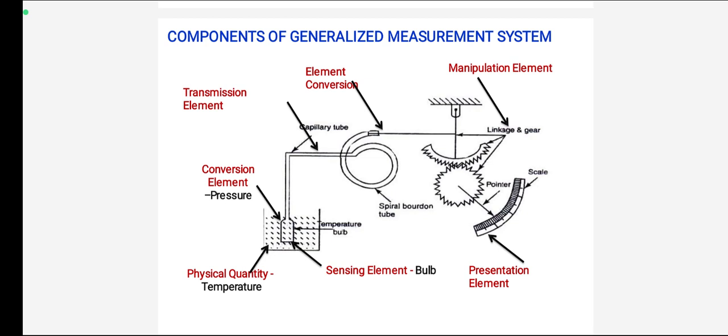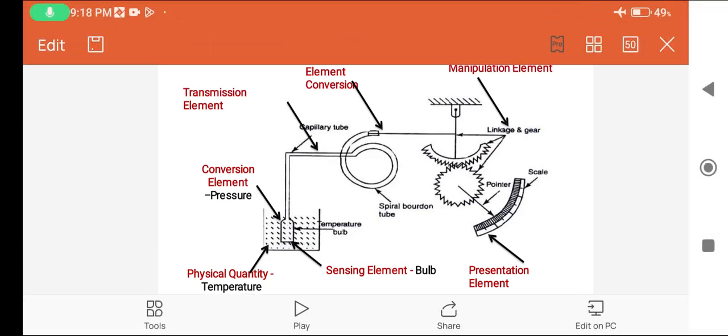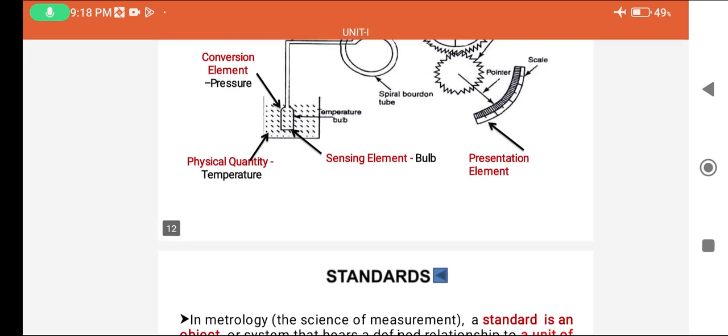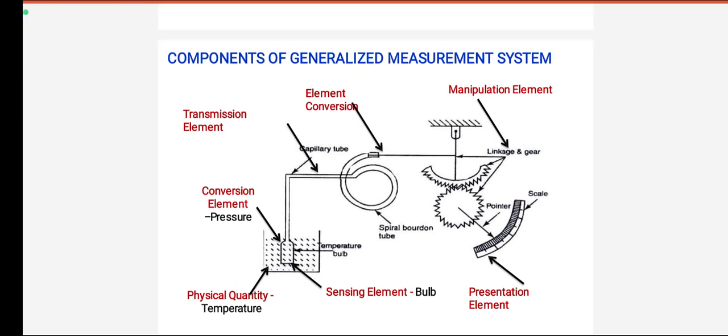This diagram explains how the temperature of water is measured. In this measurement system, the physical quantity is the water, and the temperature bulb is dipped in the water. The bulb sends the signal through the conversion element to the transmission, then manipulation, and finally it is presented by the pointer. So this is one example of a generalized measurement system.